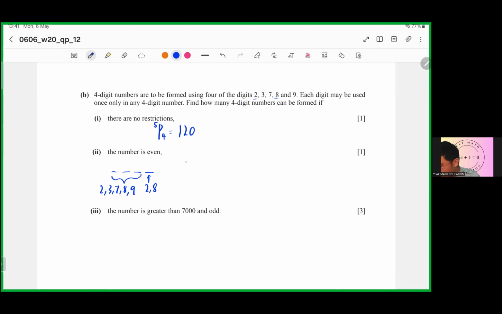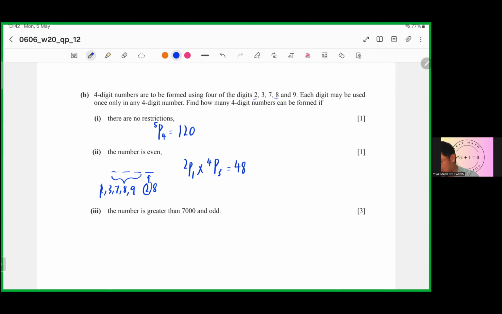So we can take 2P1 because 2 is chosen as 1. If I choose 2, here we cannot use that, so multiply 4P3. So only 48 you can get for this part.